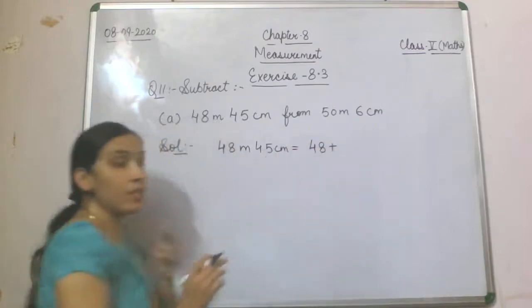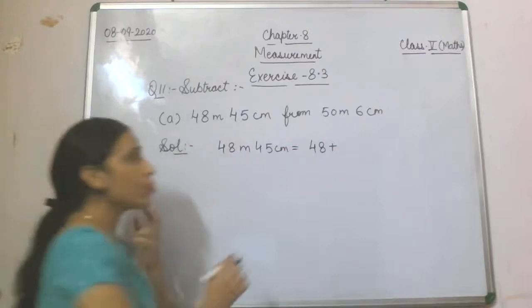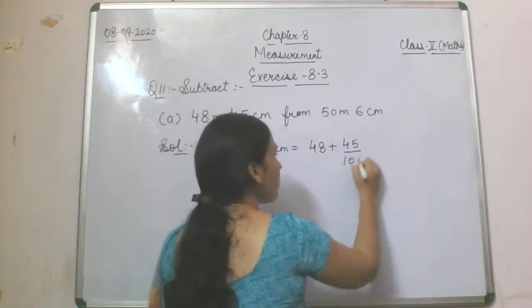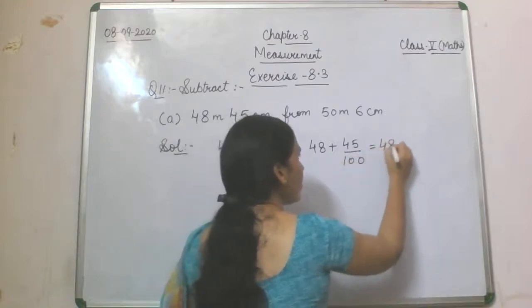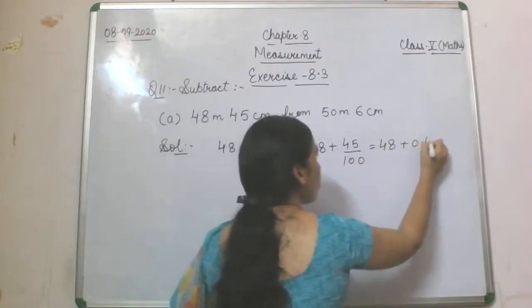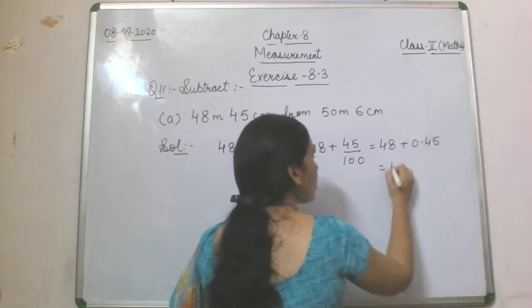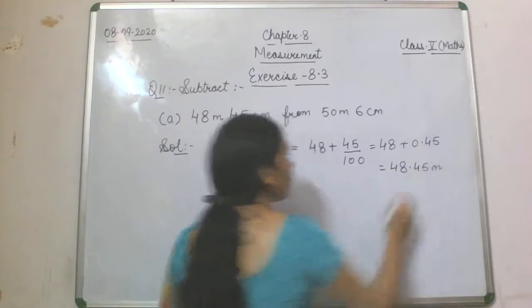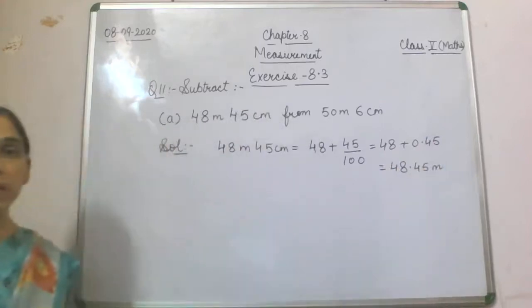In 1 meter we have 100 centimeter, so this 45 will be divided by 100. That becomes 48 plus 0.45, so the total is 48.45 meter. Do you understand this?